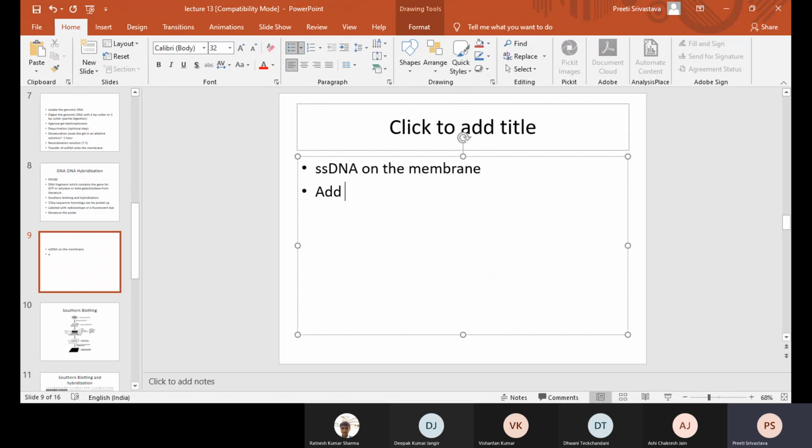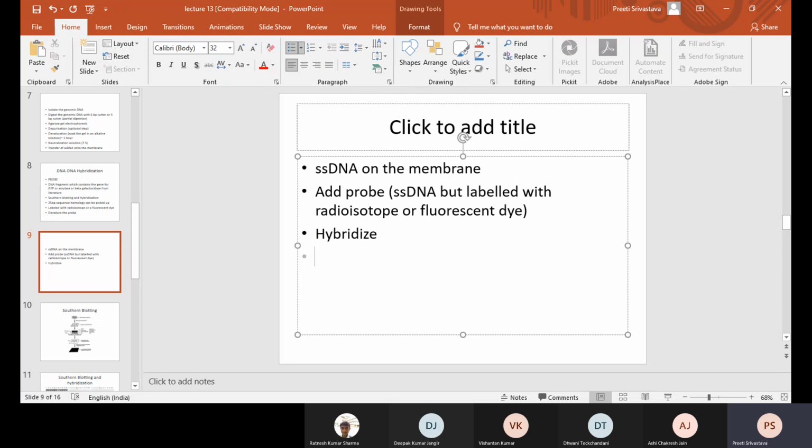Now what you do is you add the probe, which, because it is also denatured, is also single-stranded DNA, but labeled with radioisotope or fluorescent label, to allow them to hybridize. Now, class, this hybridization is usually performed at a temperature of 65 degrees.